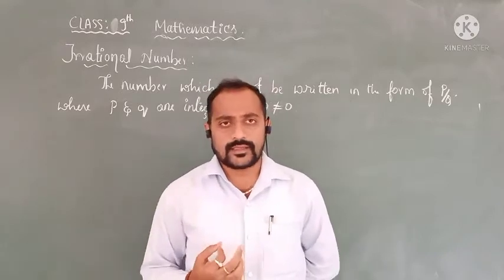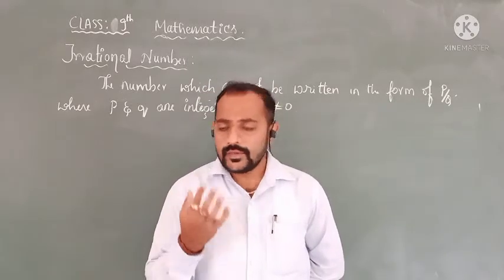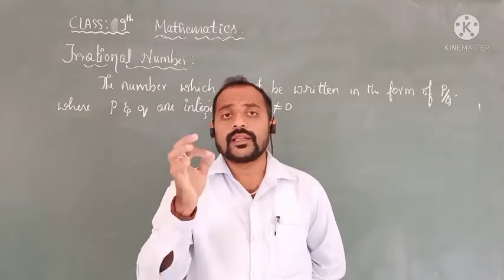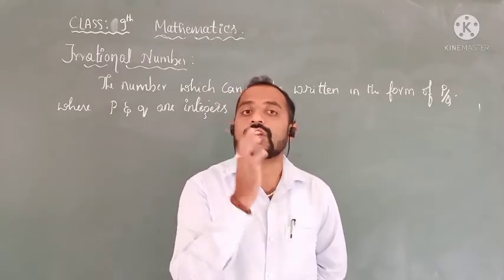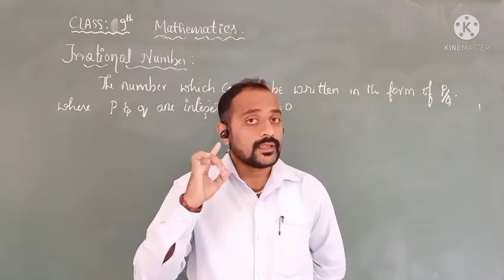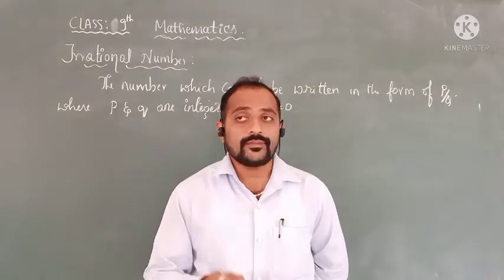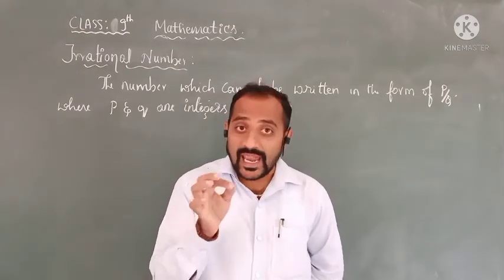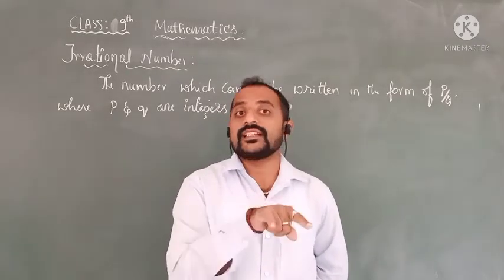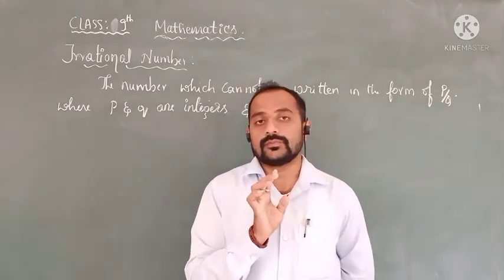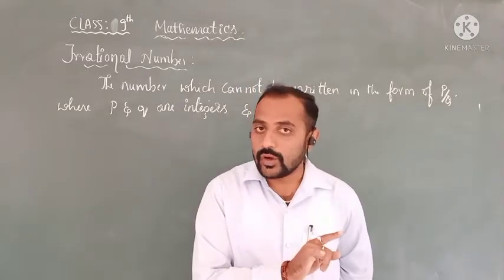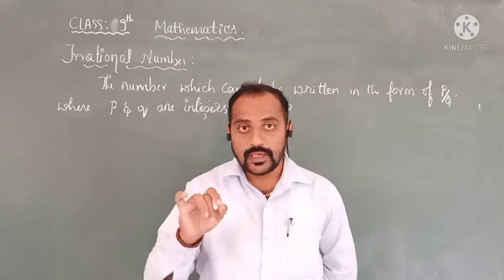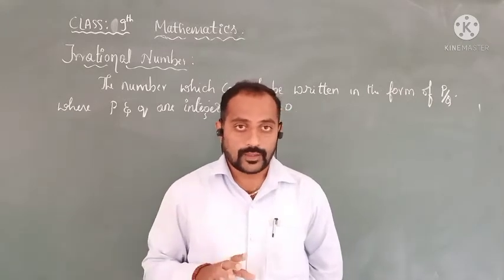A rational number is a number which can be written in the form of p by q, where p and q are integers and q is not equal to 0, right?